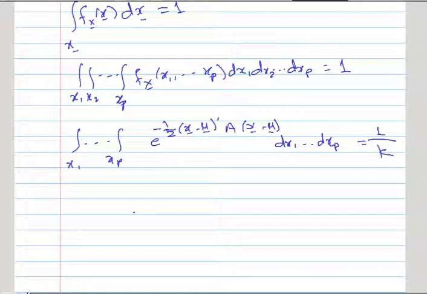So k is the reciprocal of this entire integration. Once we determine this integration, its inverse will be taken and assigned to k. Now, since we are integrating in multi-dimensions with respect to x bar, before moving ahead, note that this A is taken to be a positive definite matrix.